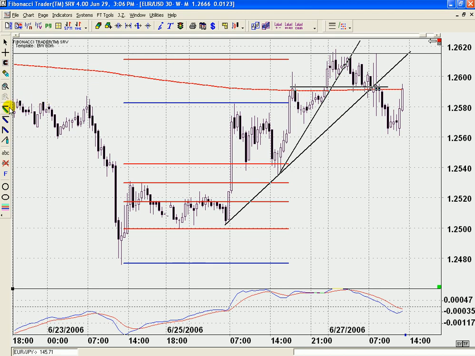That gives us a neckline. The right base level of support is nicely lower than the left, which makes this very weighty, and price will have to rally 60 pips to go and trade and close above this level.